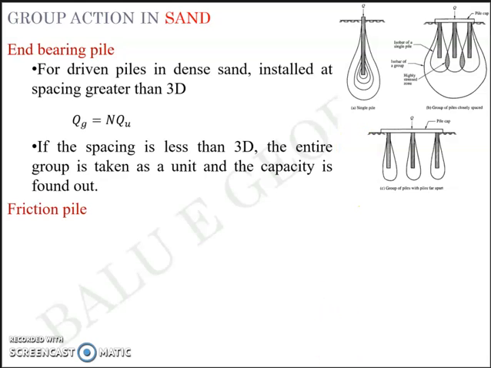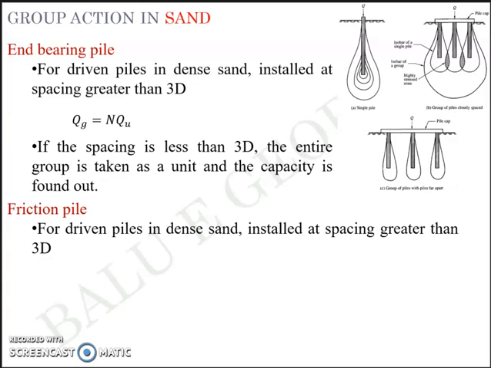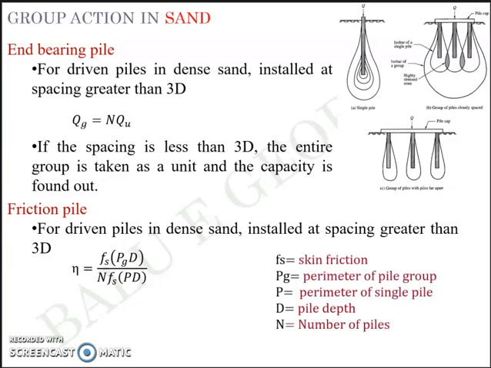Now in case of friction pile, for driven piles in dense sand installed at a spacing greater than 3 times the diameter, efficiency is given by Fs Pg d by N Fs P d. Now though it looks a bit complicated, it's quite simple. Fs is nothing but the skin friction, Pg is the perimeter of the group, d is the pile depth, P is the perimeter of a single pile, and N is the number of piles, which means Pg into d is nothing but the surface area of the pile group.